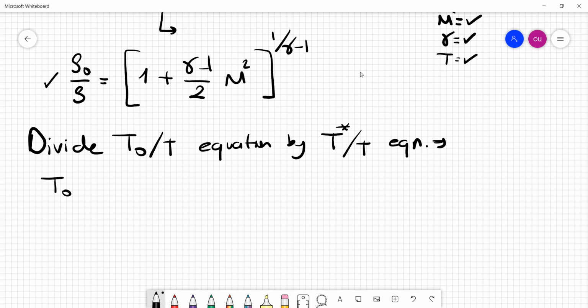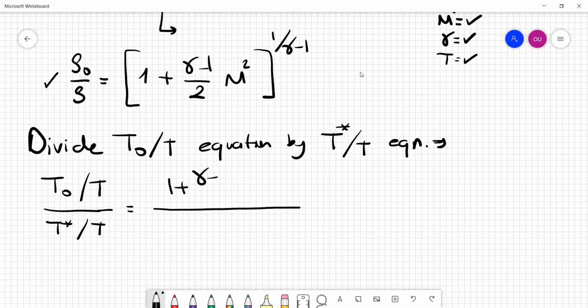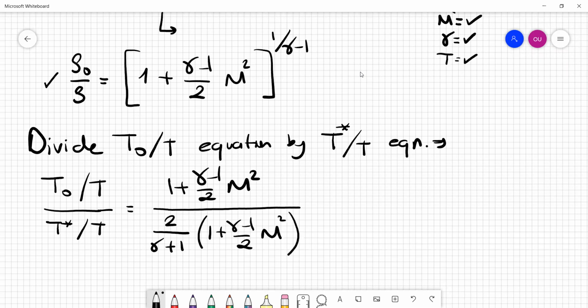What we get is this: T0 over T is 1 plus gamma minus 1 over 2 M squared, and this is T star over T. This is equal to 1 plus gamma minus 1 over 2 M squared divided by the other relation, 2 over gamma plus 1, times 1 plus gamma minus 1 over 2 M squared. If you do that, basically this cancels with this. So this one becomes equal to gamma plus 1 over 2, which is equal to T0 over T star.